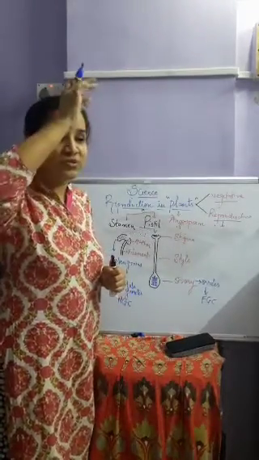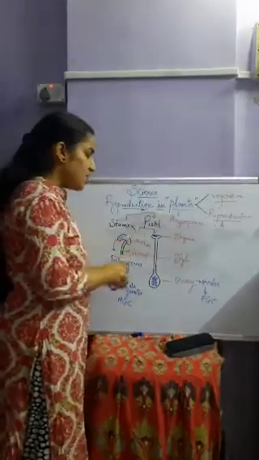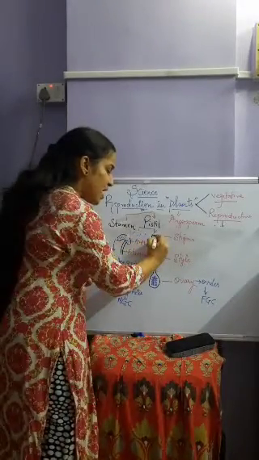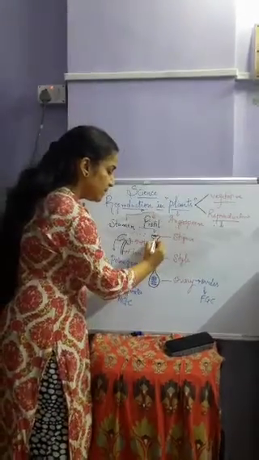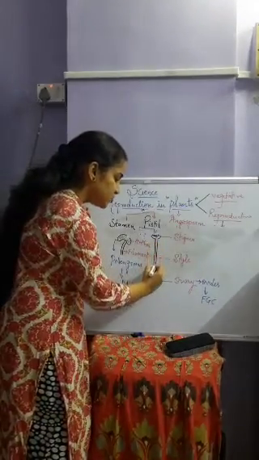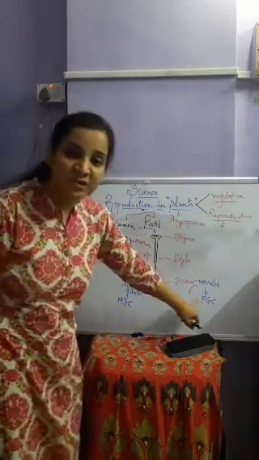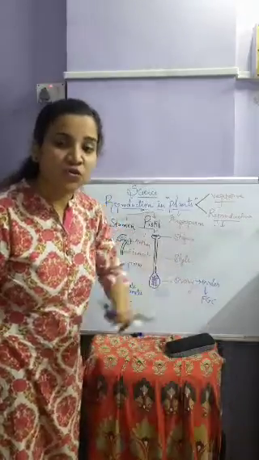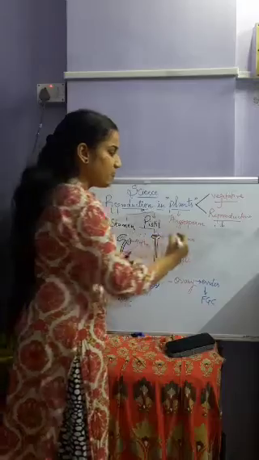It will begin to give out a tube-like structure, and then this tube will pass through the style. It is going to reach till the female gamete or the ovule.